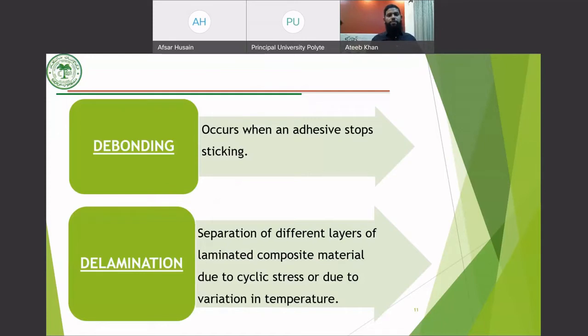This occurs when the adhesive stops sticking. Basically, if the adhesive between these two layers stops sticking, then there will be the case of debonding. And as I already told you, if the coefficients of expansion for these two materials are different, they will expand at different rates at elevated temperature, and there will be a problem of delamination.